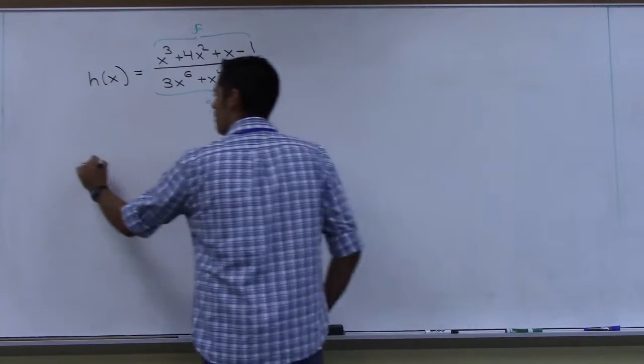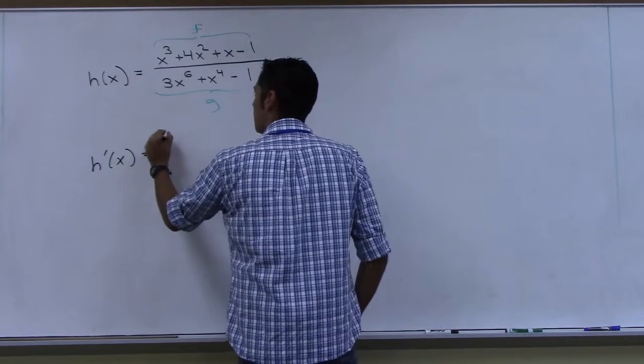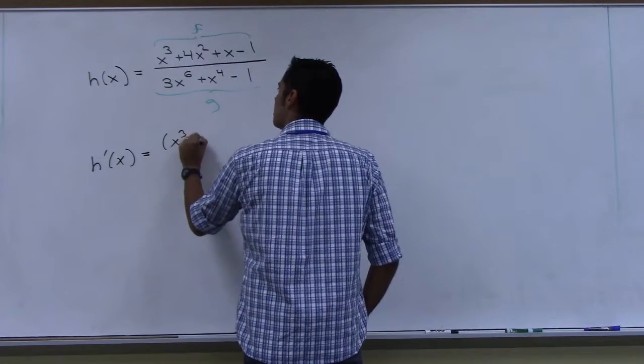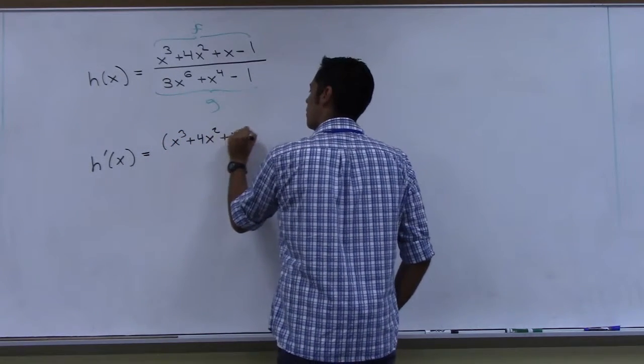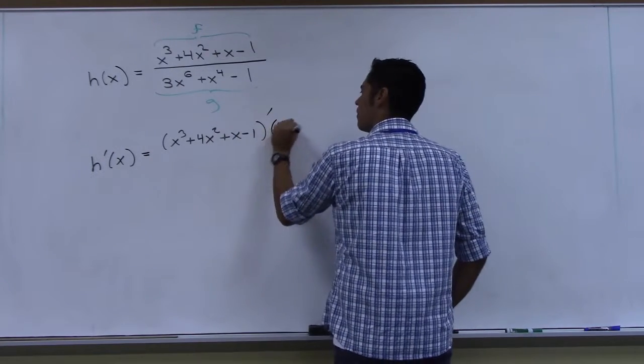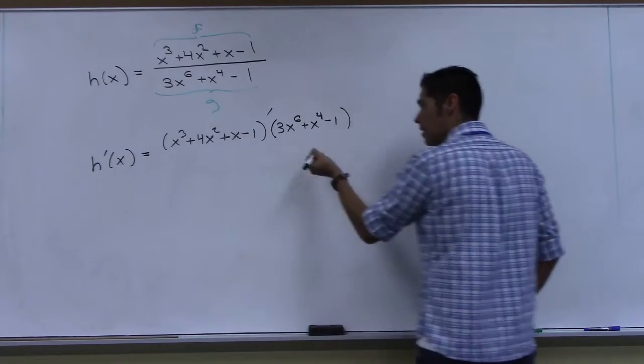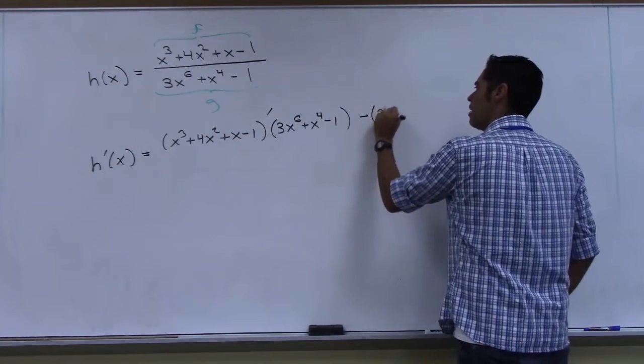So when we apply the formula, the derivative of h should be the derivative of the top, right, times the bottom, minus the derivative of the bottom.